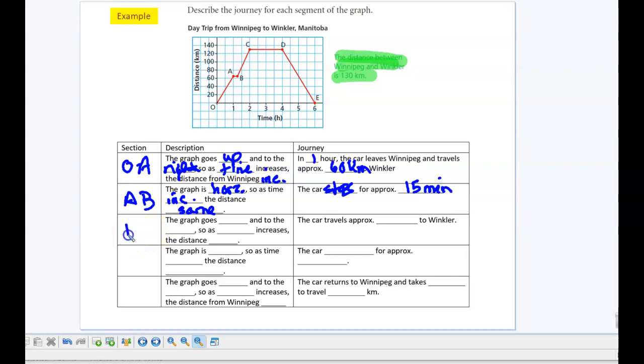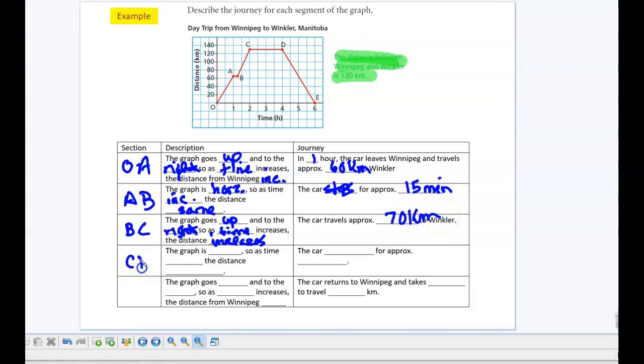In segment B to C, the graph goes up and to the right. So as time increases, the distance also increases. And that would be the distance from Winnipeg. And to describe the journey, the car travels approximately 70 kilometers to Winkler.